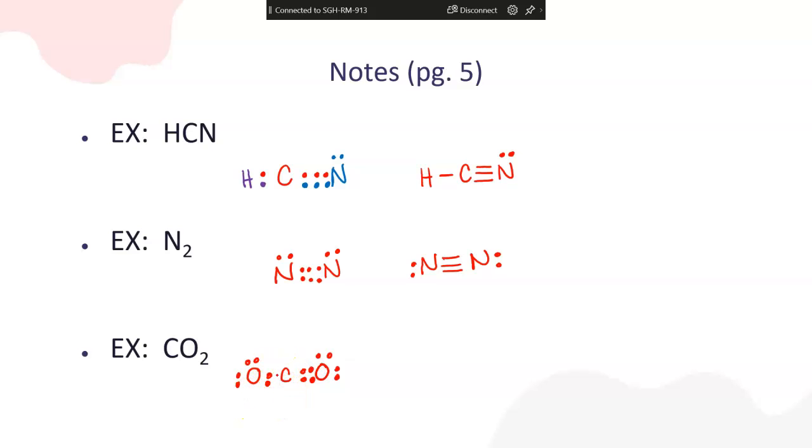Oxygen needs to share on the left another pair, so it'll share another pair with carbon. So I pull 1 unpaired electron in from each one and pair them up to form a bond. So the lonely electrons now have a friend. And we take our bonds and represent them as what in the structural formula? Lines. And we got double bonds between both.